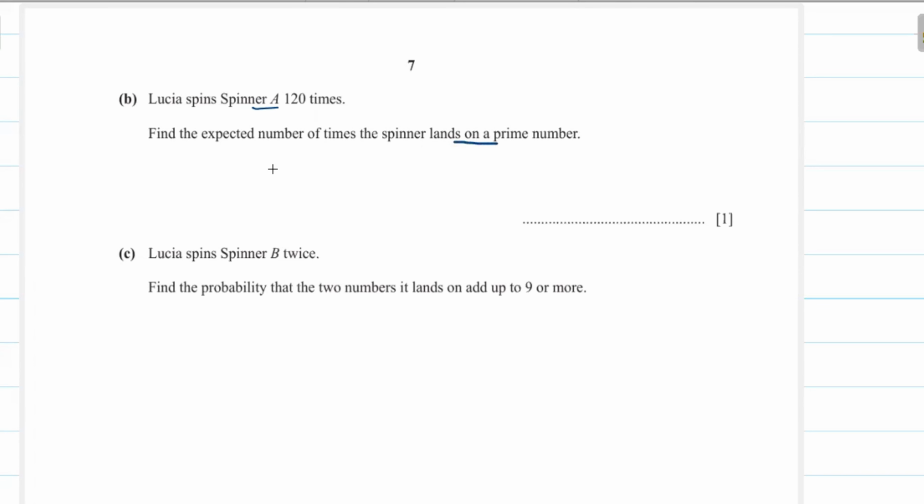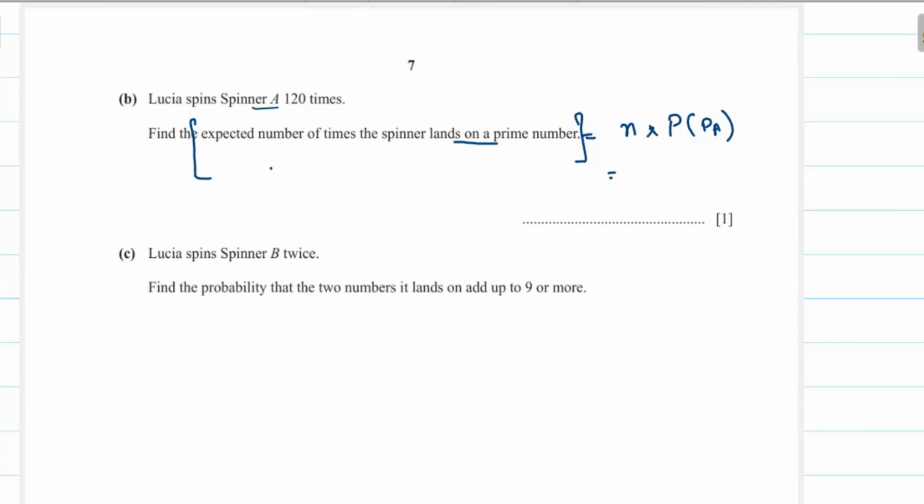Now this is the expected frequency, you can say the expected number of times the spinner lands on the prime number. This will be equal to the number of times spinner A is spun multiplied by the probability of spinner A landing on a prime number.